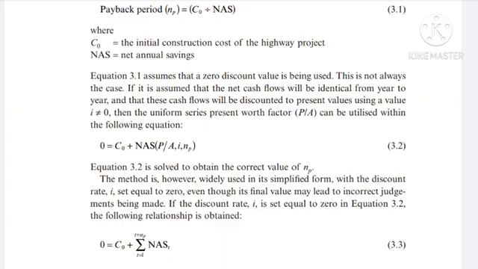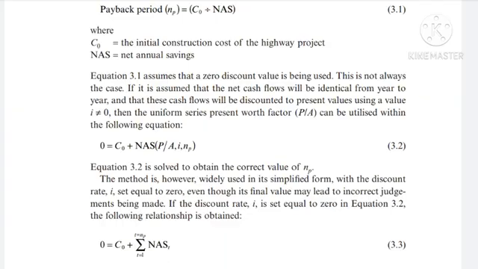So, the initial construction cost plus the net annual savings multiplied by the present worth factor. To obtain the correct value of the payback period, this equation is solved to obtain the correct value of N sub P.